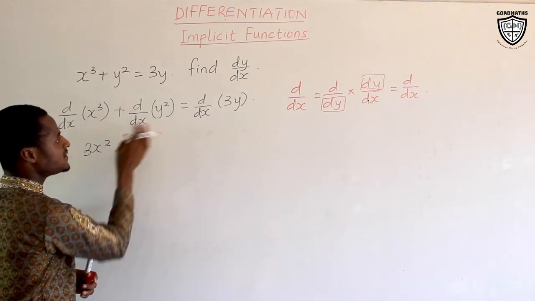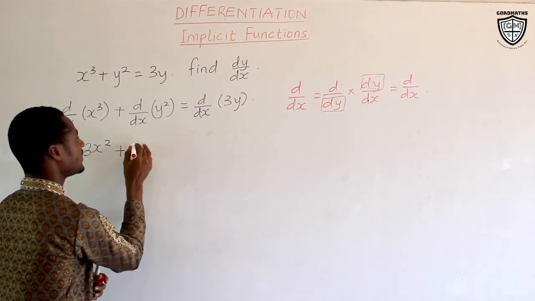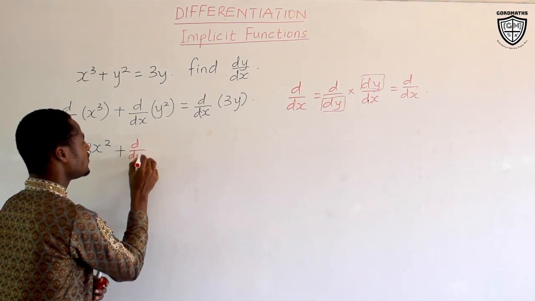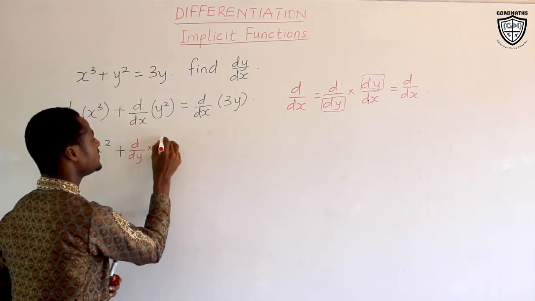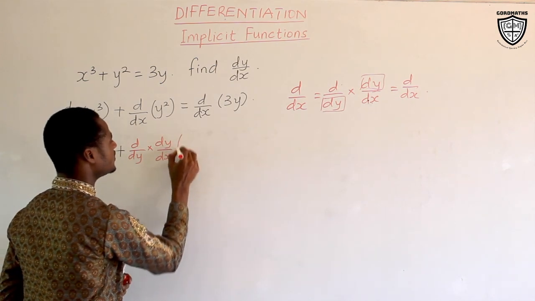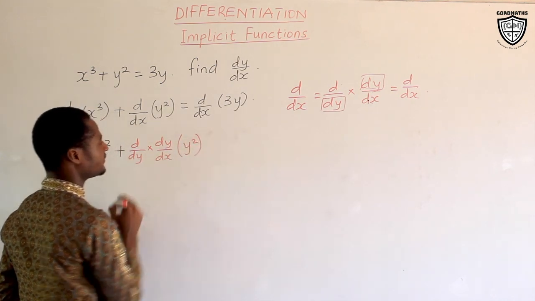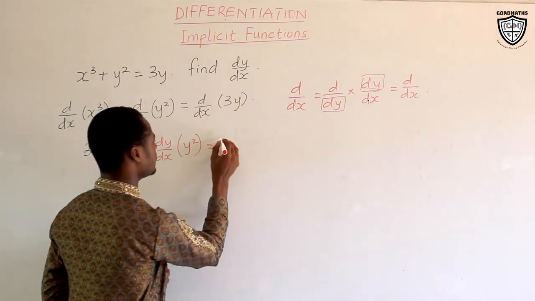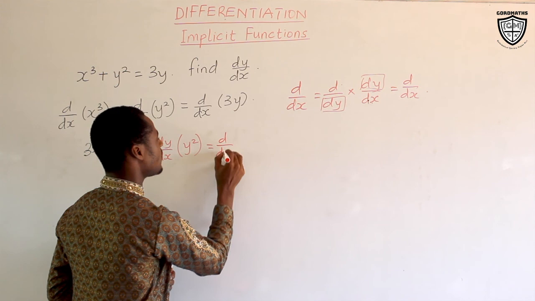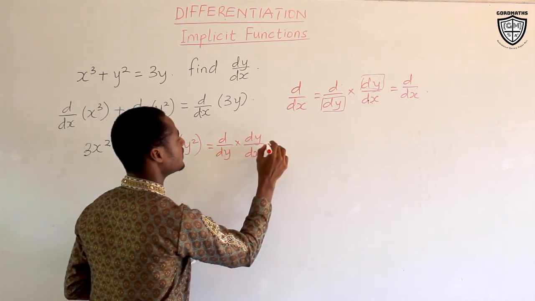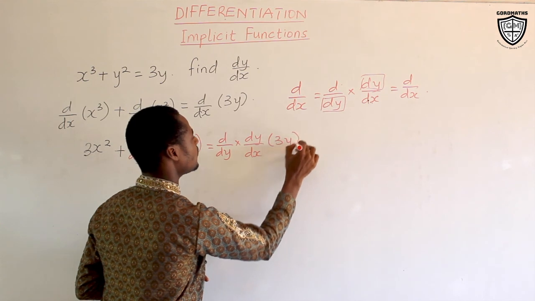So we will write this as d dy times dy dx of the function y squared, and that is equal to, since this is also in terms of y, we have d dy times dy dx of 3y.